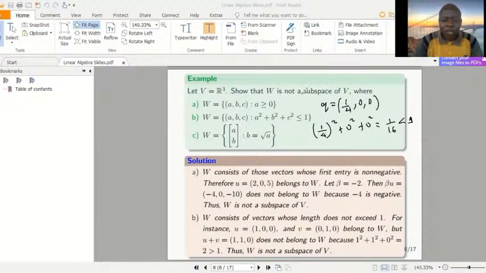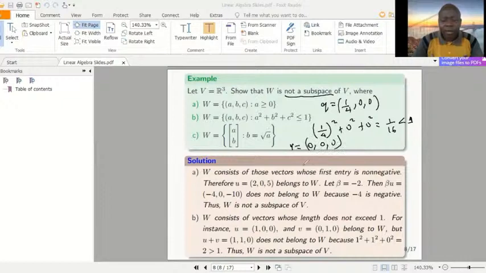So, to show that it is not a subspace, think of a vector, because you're using specific examples, and then think of a scalar, then go through the conditions and see whether they are satisfied. What about the vector 0, 0, 0?